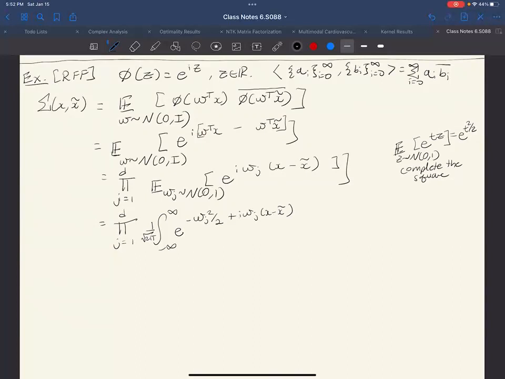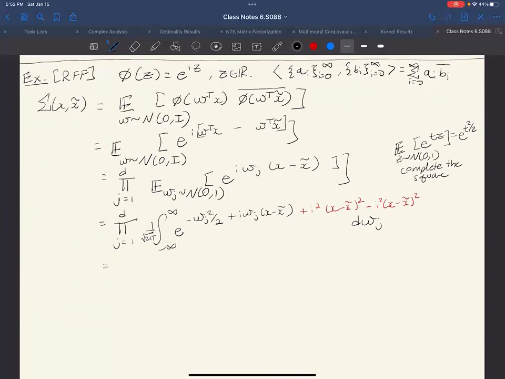So what I'm going to do is add and subtract, in red, an i squared times x minus x tilde squared, and I subtract an i squared times x minus x tilde squared. And this is, of course, dw_j.